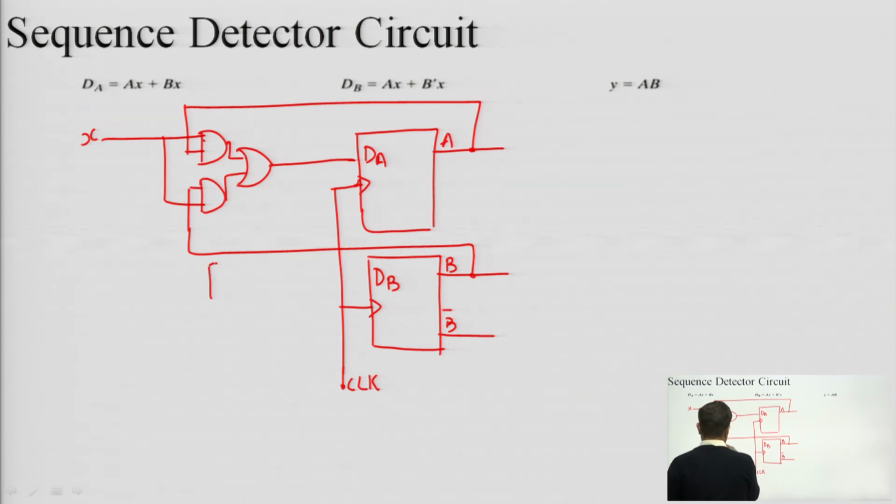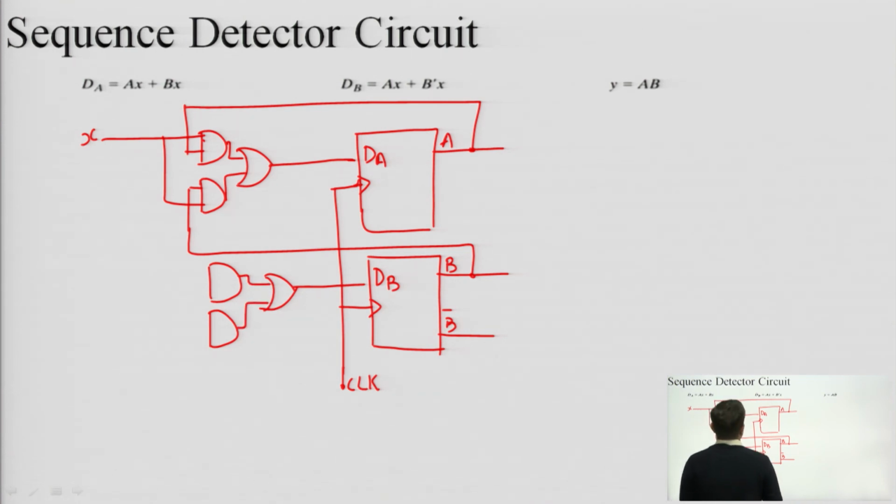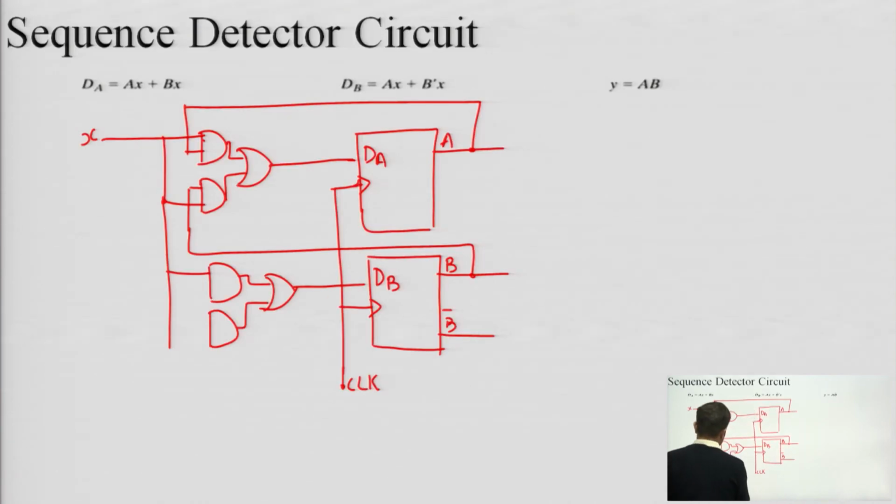Similarly, AX plus B bar X, for that we have to prepare another circuit. This X is again common to both, and this is your A and this is B bar.